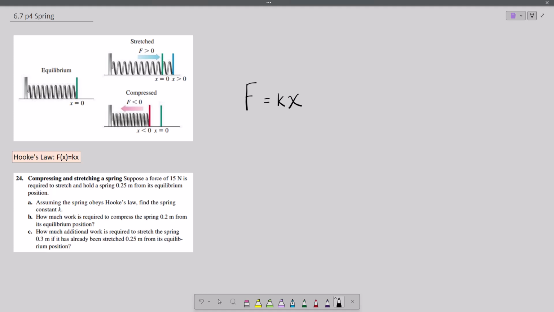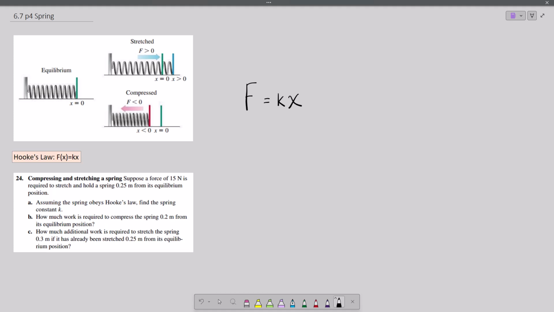That K is the spring constant. Every spring has its own constant, which gives you a sense of how stiff or how flimsy the spring is. It's similar to what you did in college algebra with those exponential decay problems.